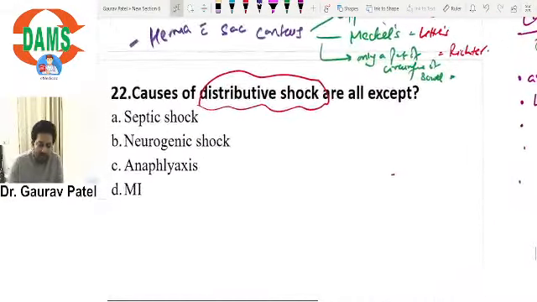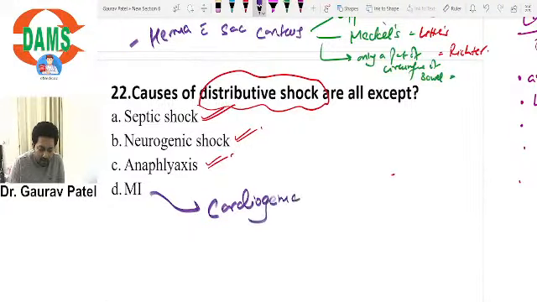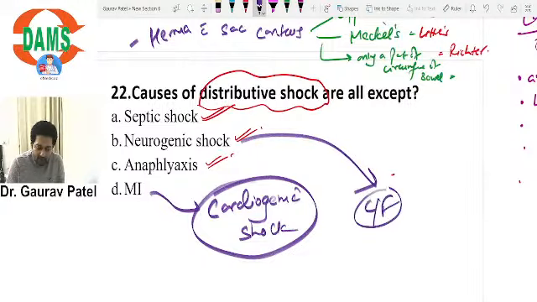Causes of distributive shock are all except. Septic shock, yes. Neurogenic shock, yes. Anaphylactic shock, yes. MI is the reason for cardiogenic shock. And tell me, forget about distributive shock in general. In neurogenic shock, what are the clinical features?